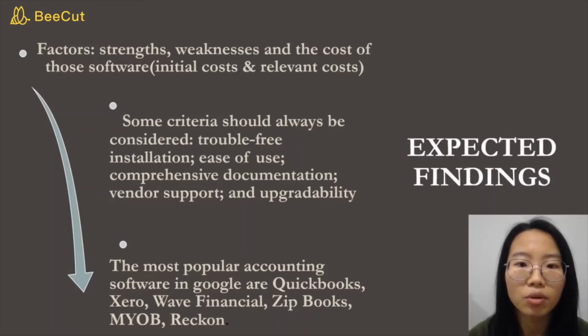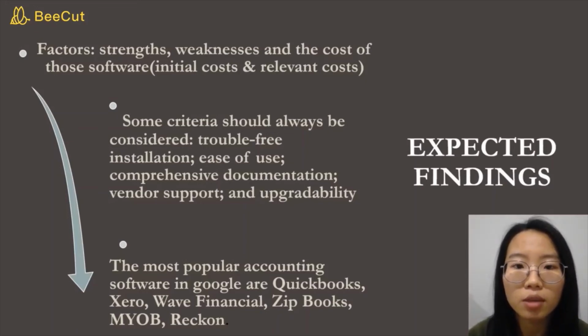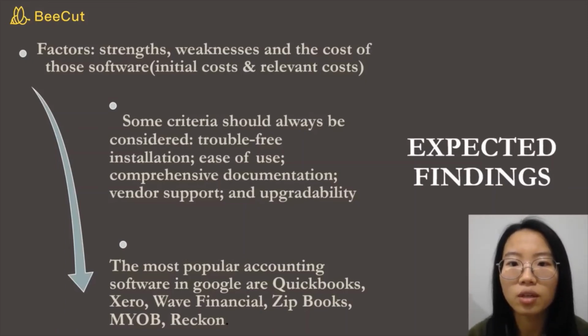For example, the relevant costs should include the costs of installing an accounting package, operating it, training employees, converting data, and maintaining software and equipment. Sometimes they are likely to exceed the initial purchasing price of the software package by a large amount. Therefore, purchasing the wrong accounting software is likely to cost much more.